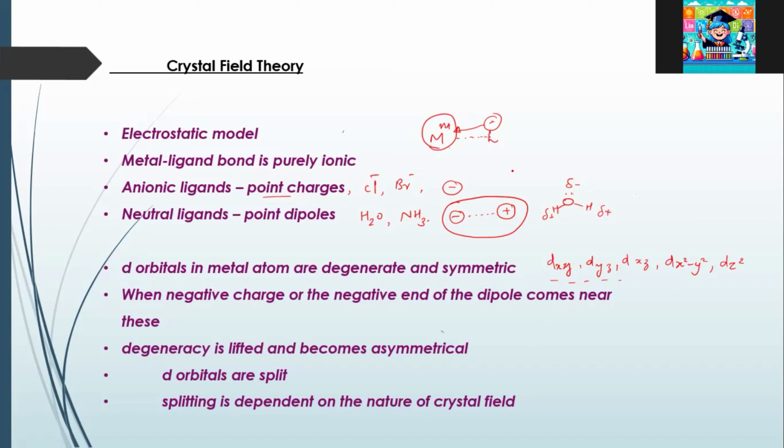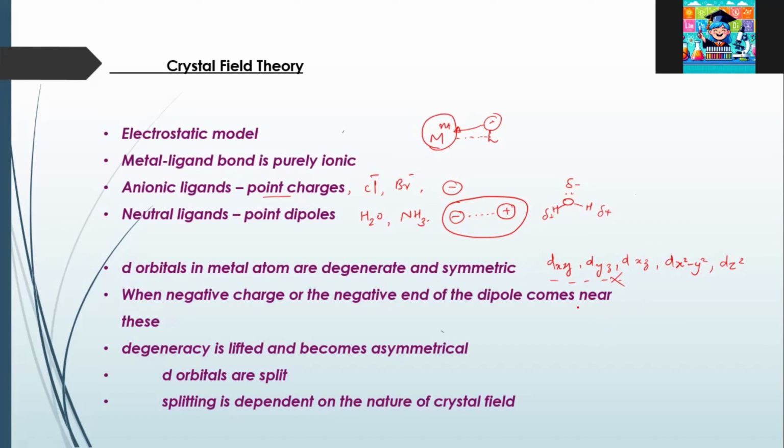When a ligand comes closer to the metal, these d orbitals interact with the negative charge of the ligand, as a result of which their degeneracy is lost. They are no longer of the same energy.